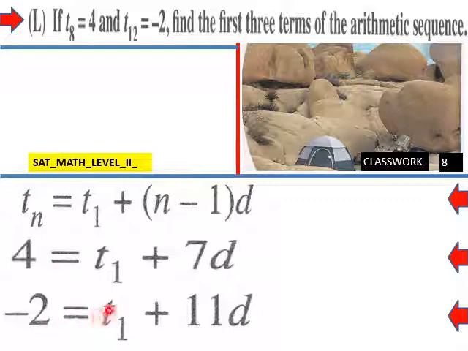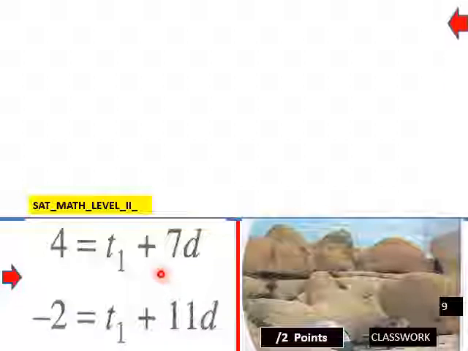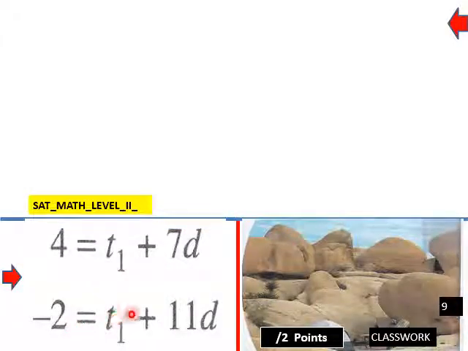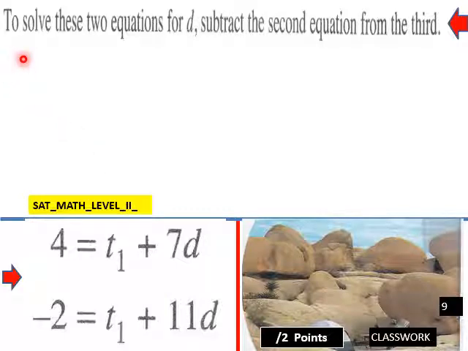For term 12, -2 equals term 1 plus 11d. To solve these two equations for d, subtract the second equation from the third, and we get -6 equals 4d.